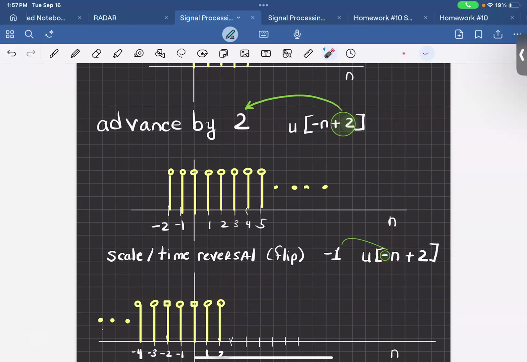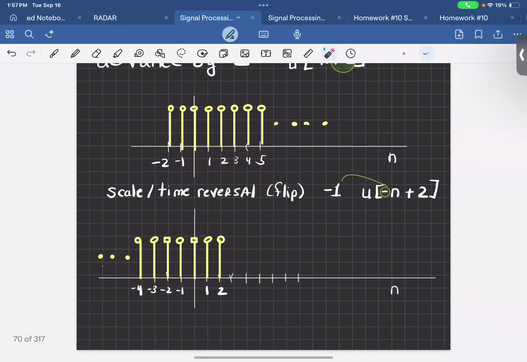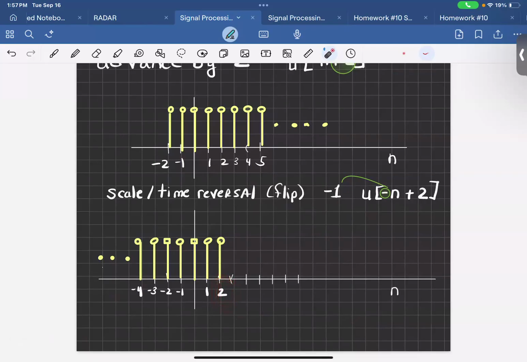Flipping the signal across the vertical axis moves the step from -2 to +2 and reverses its orientation. So instead of opening to the right, it now opens to the left. In other words, u[2 - n] is a step function that turns on at n = 2 and stays on for all values less than or equal to 2.